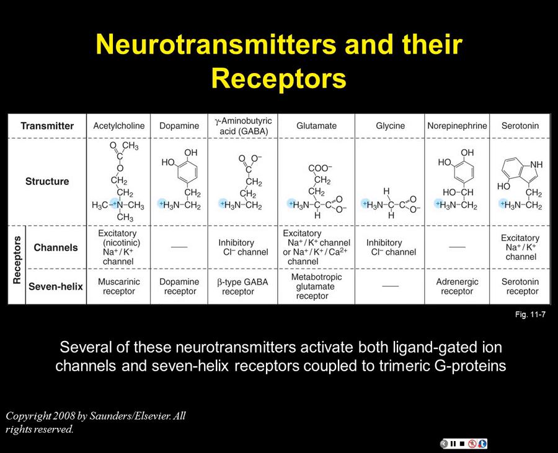G protein. Okay? Channel, ion channel, G protein, basically. And so you'll notice acetylcholine has two types of receptors. Dopamine only has what type of receptor? It's called a dopamine receptor, but how does it work as? Second messenger system. If you look at one called glycine, it only has chemically gated ion channels.